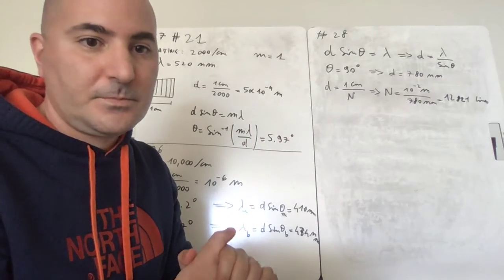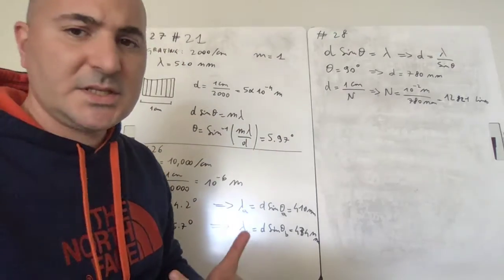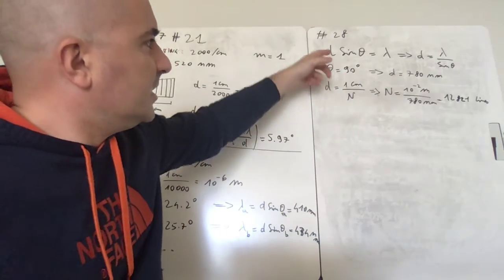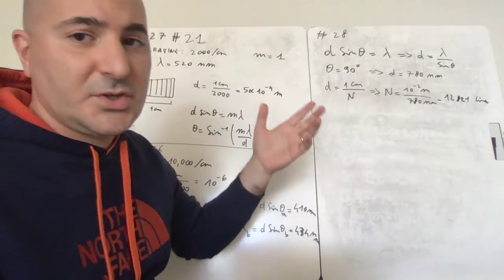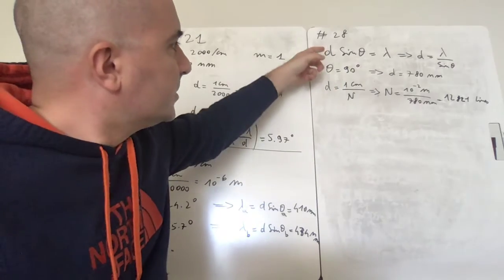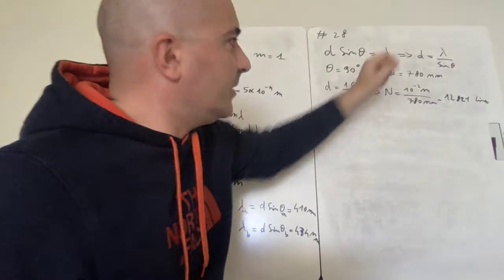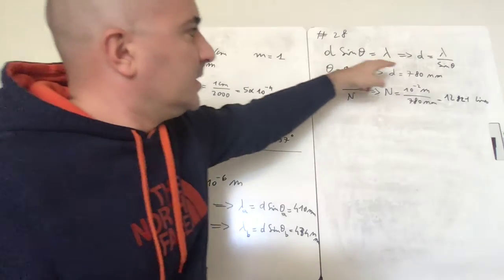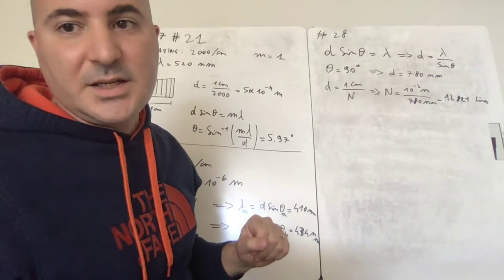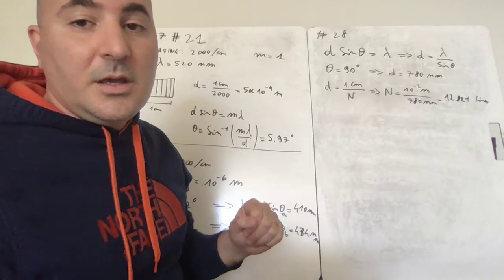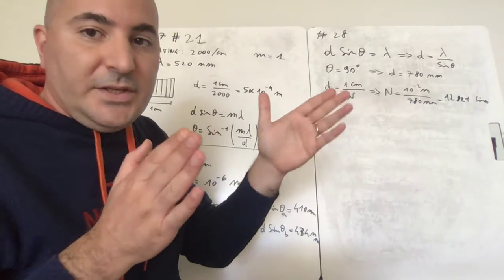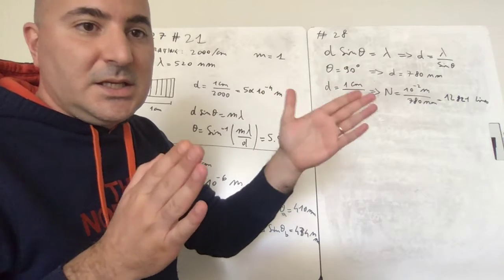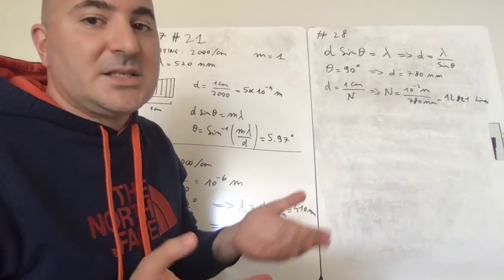We did this in a different way in class, but here's the idea. This is the first order, so m equals 1. So d sine theta equals lambda, and therefore the distance between the slits is lambda over sine theta. To have the red wavelength inside the screen, theta has to be less than 90 degrees.